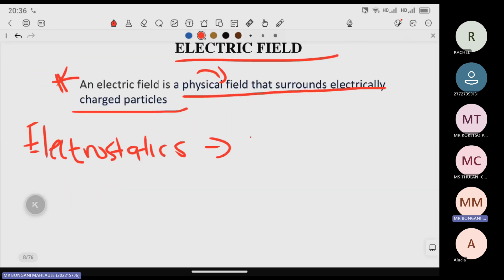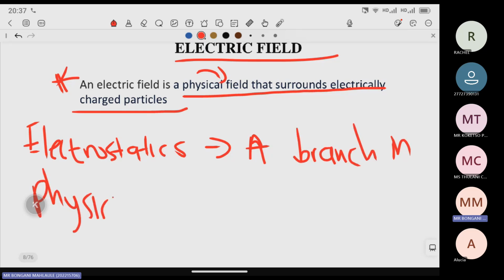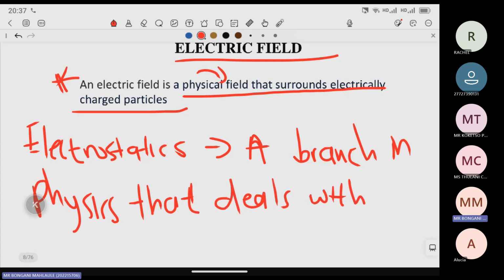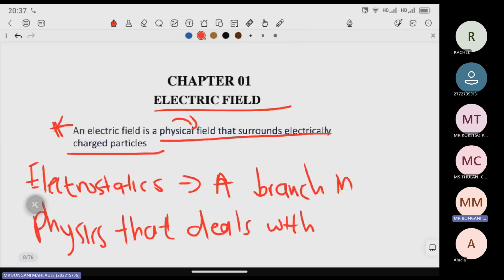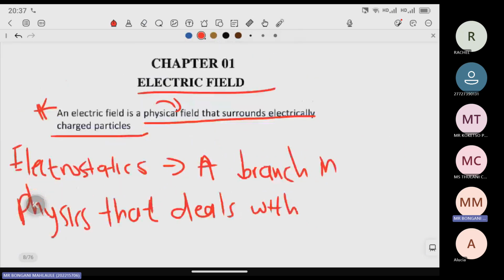With this one, you'll see it's a branch in physics that deals with what? With slowly moving electric charges. I'm not gonna stick much on this theory, right? I'm just heading on whatever is on the slide.